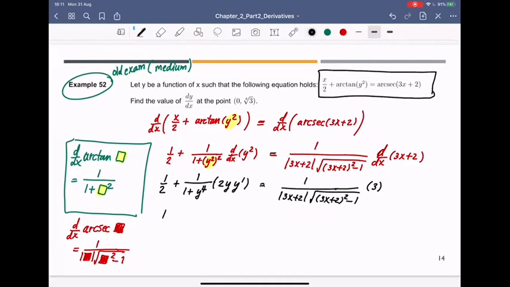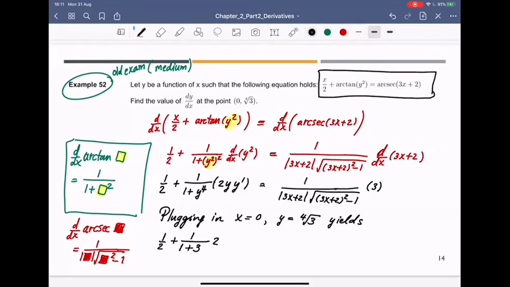Well, now I plug in x equal to 0 and y equal to the 4th root of 3, right? So I have 1/2 plus 1 over 1 plus 3, because I plug in the 4th root of 3 and then raise it to the 4th power, so I get 3.